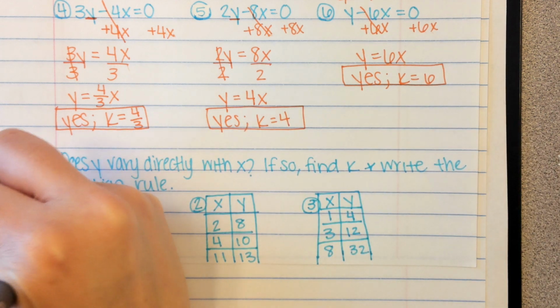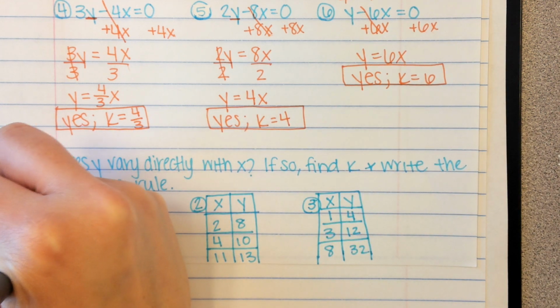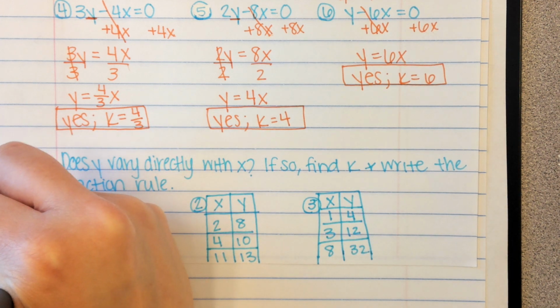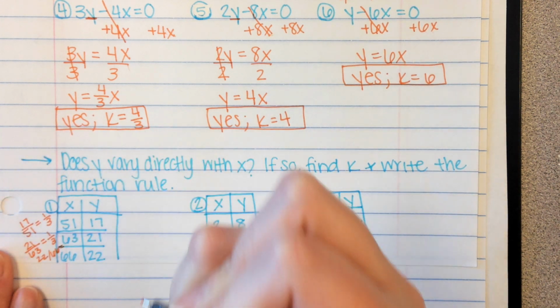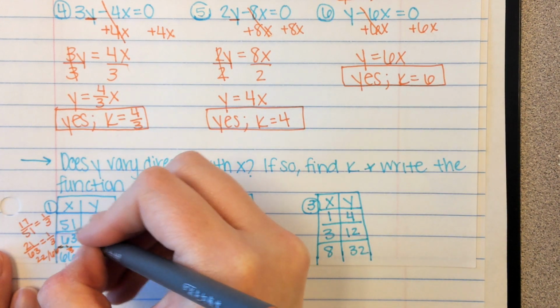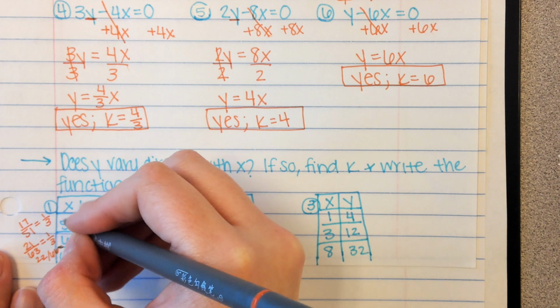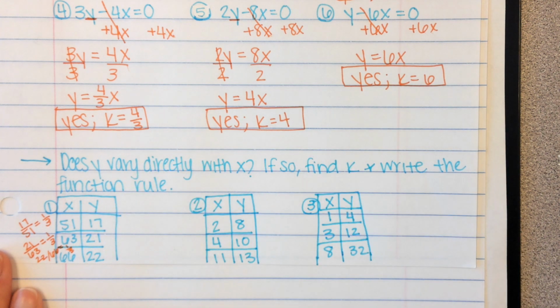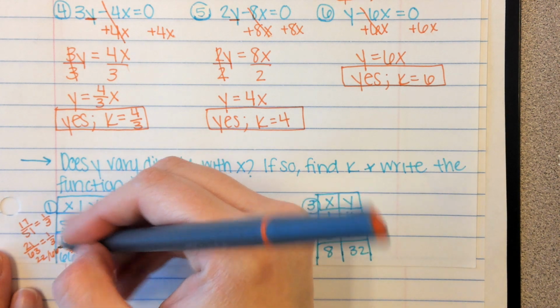Then I'm going to do 21 over 63, and that equals 1/3. And 22 over 66 also gives me 1/3. So that means that x times 1/3 will give me y. So those are all the same.